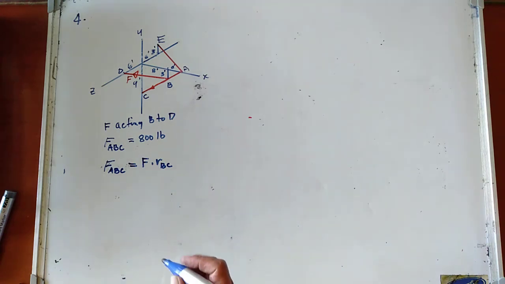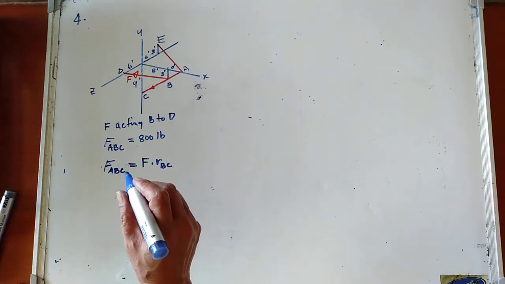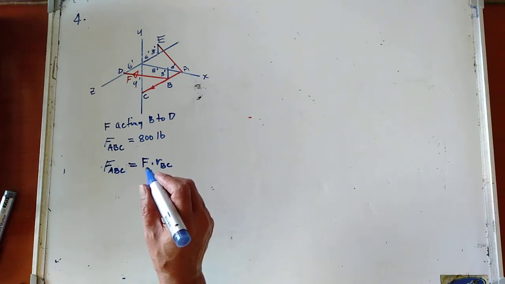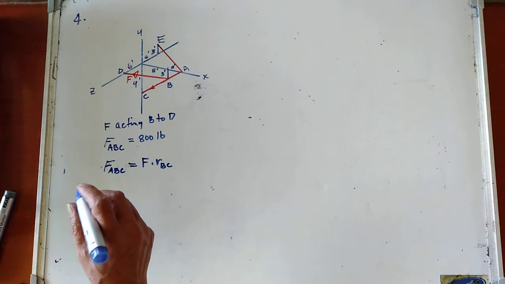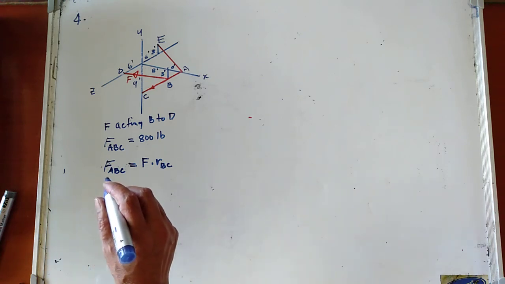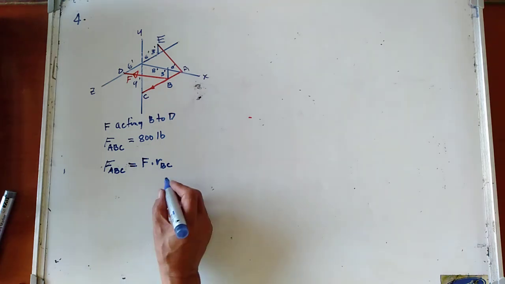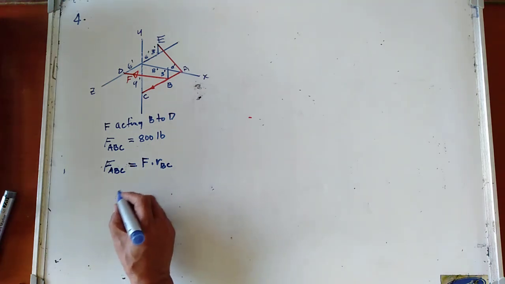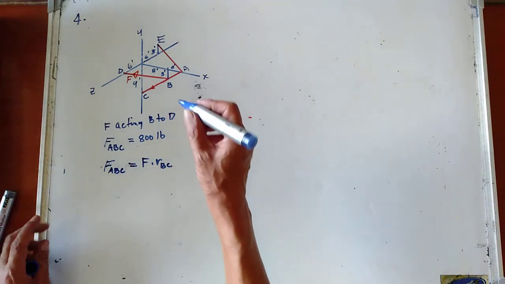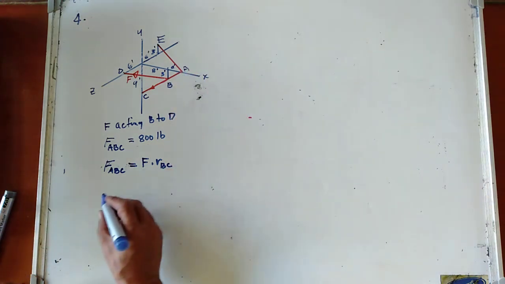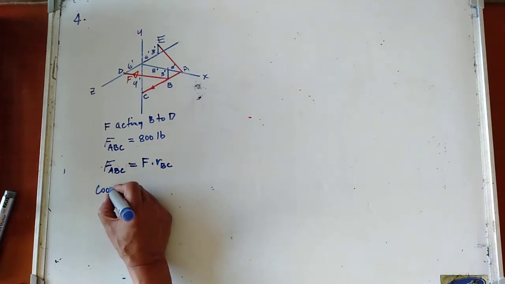And this is now your position vector. So first, let us try to introduce a position vector from B to C. But before that, let's determine the coordinates of the different points.